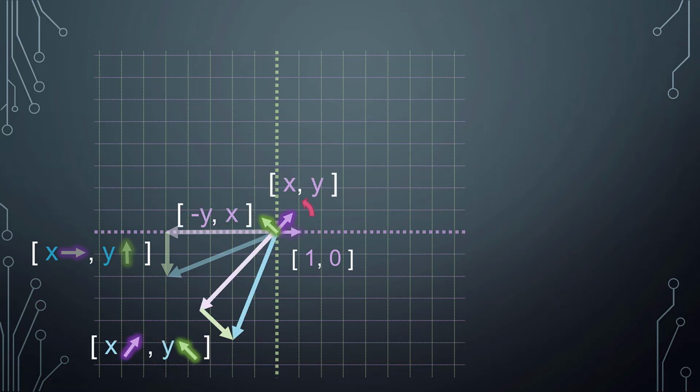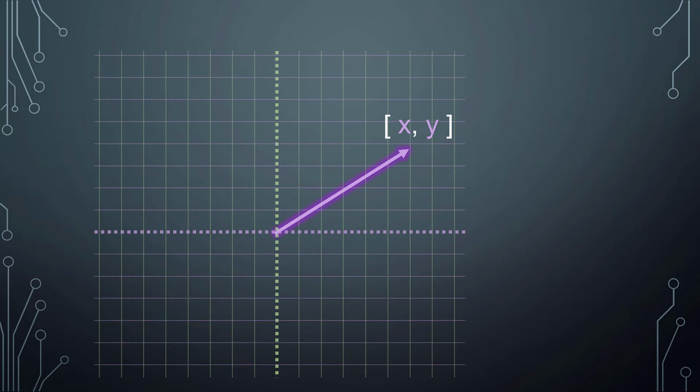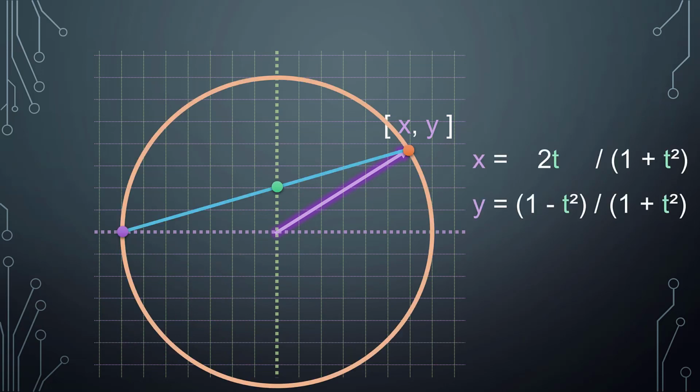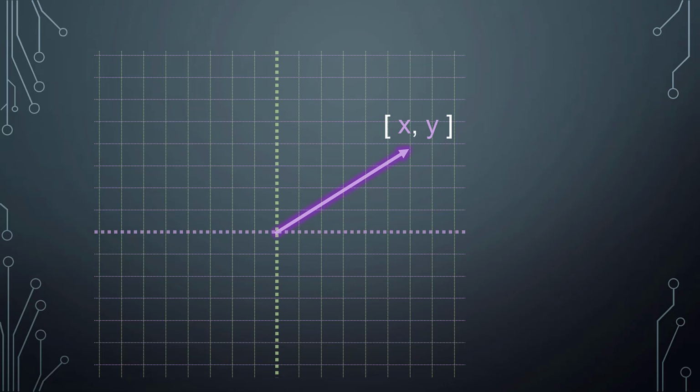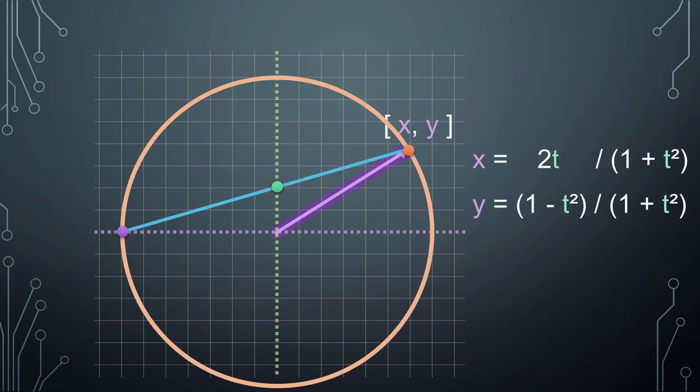And as you can see, if we have different x's and y's for the purple ones, then we have a different rotation. Okay. How do we get this x and y in the first place? So we can use angles and sine, cosine, but we don't have to.